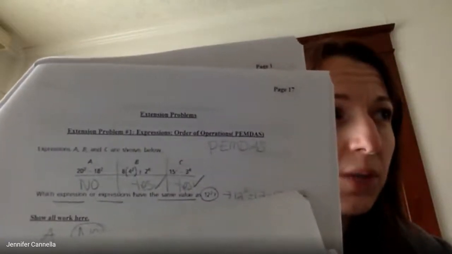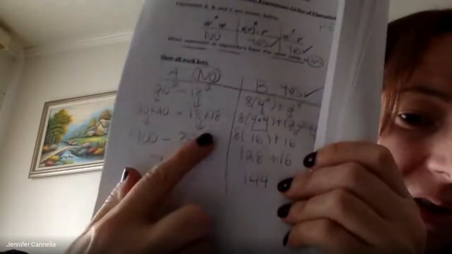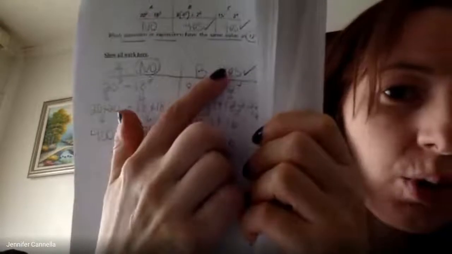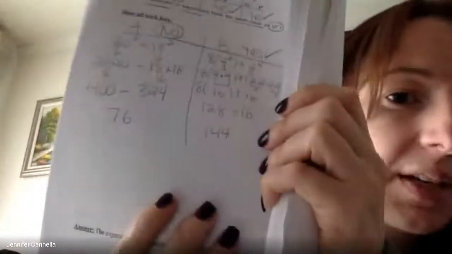So 4 times 4 gives me 16. Therefore, for expression B, 128 plus 16 equals 144. So choice B is one of the answers. Now, let's look at expression C.